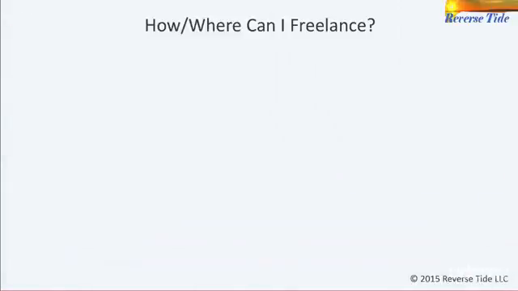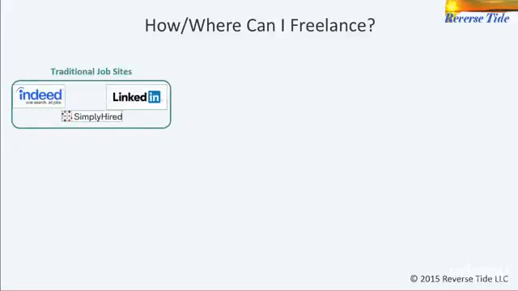Okay, so the first question is where you can find the freelance opportunities. The answer is that there's many places, and we explore some of the main categories right here. The first one that you see is traditional job sites. Now, you're going to recognize a lot of these names as they're some of the more popular job boards. When a company wants to hire, whether it's full-time, part-time, or temporarily, they'll put out a job description, and then the job seekers can search and filter by location, by industry, job type, all kinds of different things.